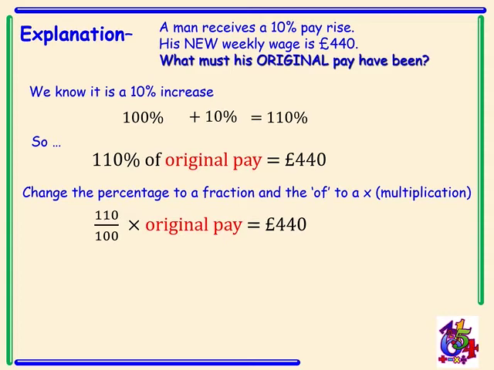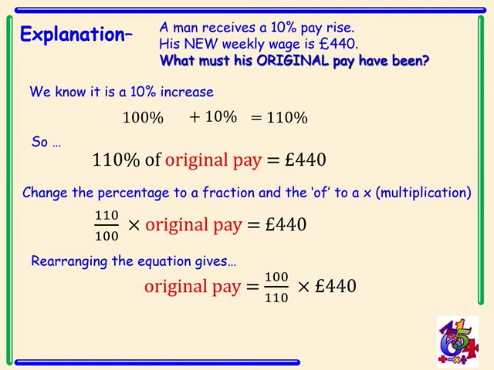And we're trying to find this original pay in the middle. Now we have to do a little bit of rearranging. Rearranging the equation gives the original pay is equal to 100% over 110% times 440. The fraction is flipped when we rearrange that.